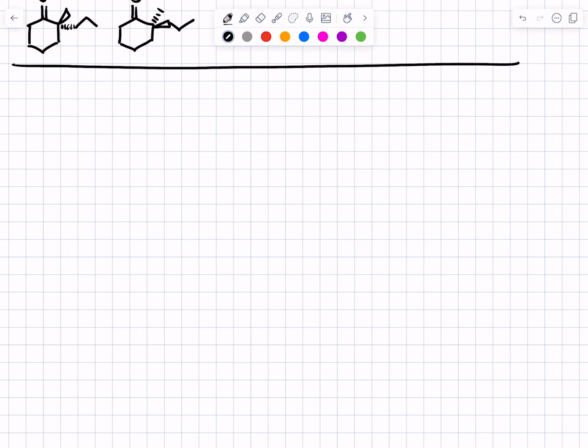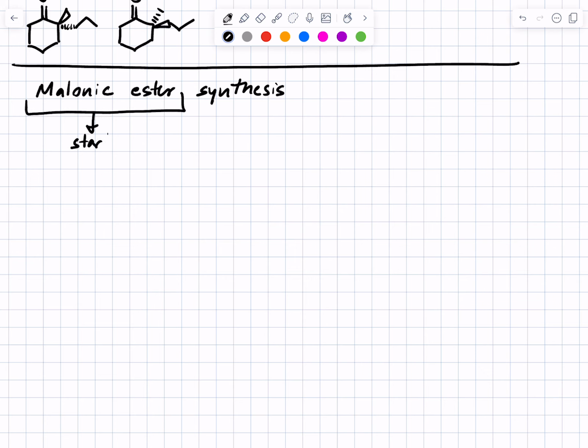There are 2 things. We're going to talk about them both at once. These strategies are named somewhat ineptly, I think. One is called the malonic ester synthesis. I say it's named ineptly because this molecule, malonic ester, is actually the starting material and not the desired product.